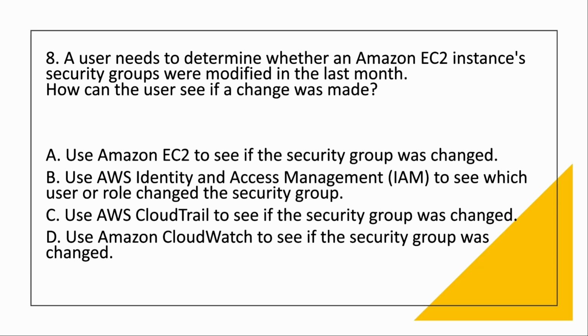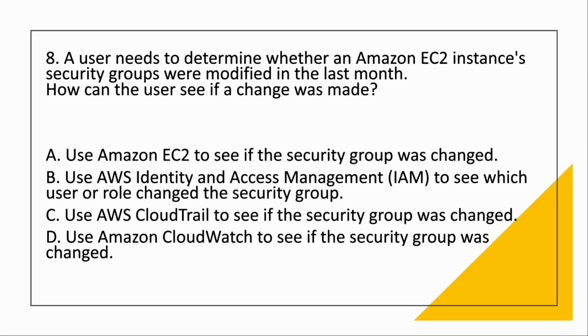Okay, now when you see user activity, the first thing that should come into your mind is CloudTrail. Okay, this is a keyword. Remember, user activity, CloudTrail. So use AWS CloudTrail to see if the security group was changed is the correct answer. But coming to IAM, no, IAM is used for managing your users, roles, groups and all.